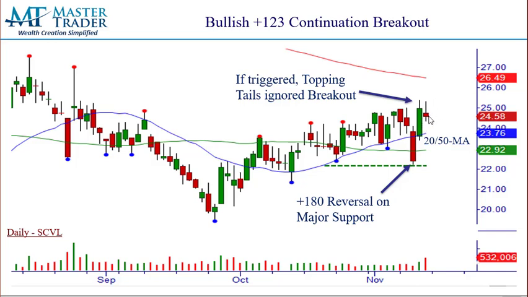Now it's thrown into the 1, 2, 3 scan because, as you've just learned, it's an inside bar in the upper part of a wide range bar. But what makes this a high probability setup is this 180 reversal here. That was an ugly red bar. Yes, it's on support, but that suggested lower prices. The very next day, a 90% gap into that wide range bar, and then a closing breakout.